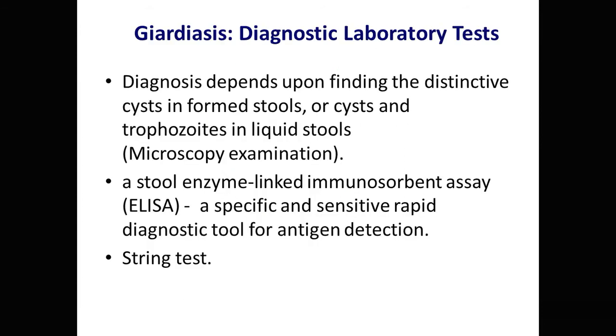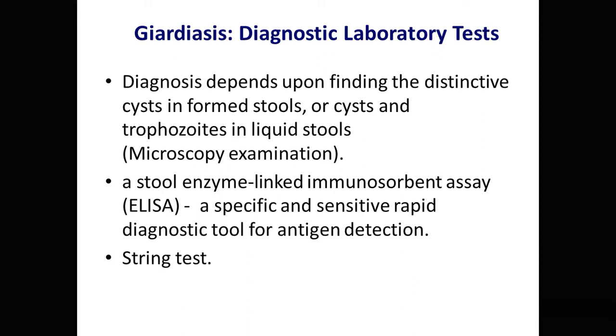Diagnosis is done based on microscopic examination of stools, and cysts or trophozoites can be found. Also, ELISA, enzyme linked immunosorbent assay, can be used to detect parasitic antigens. A string test is also used.